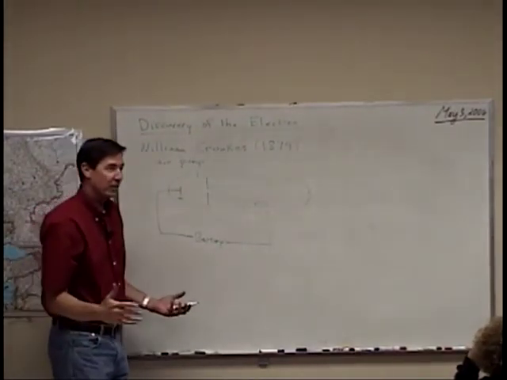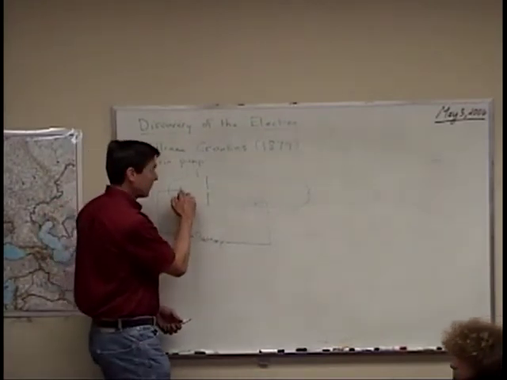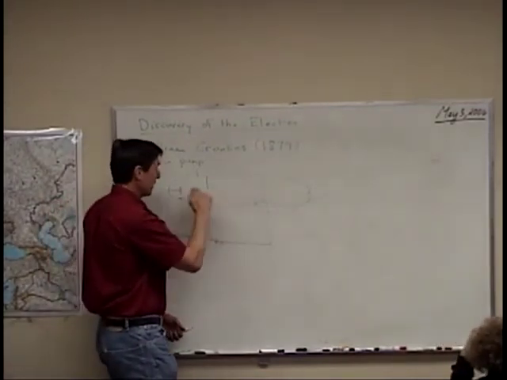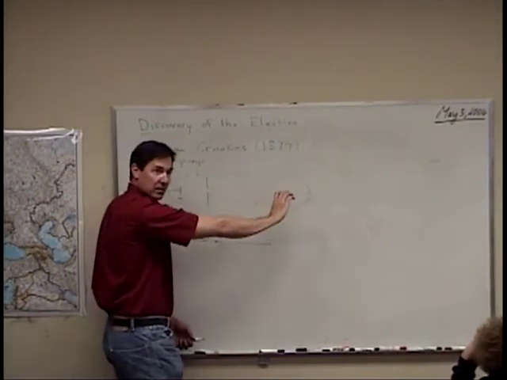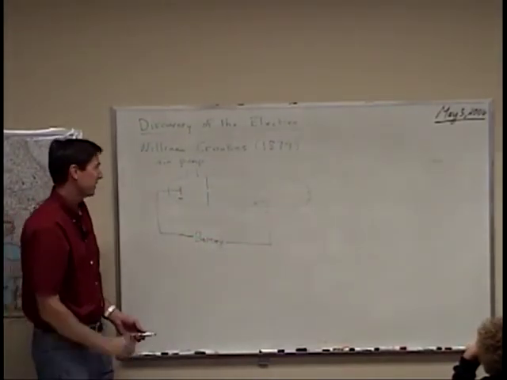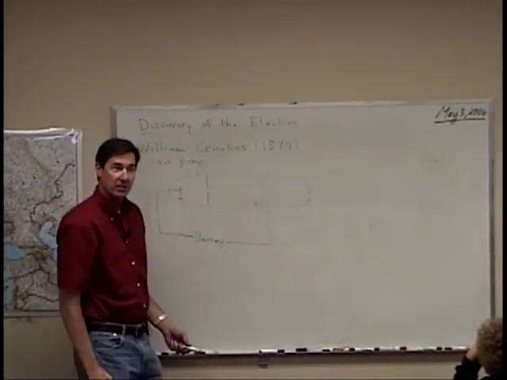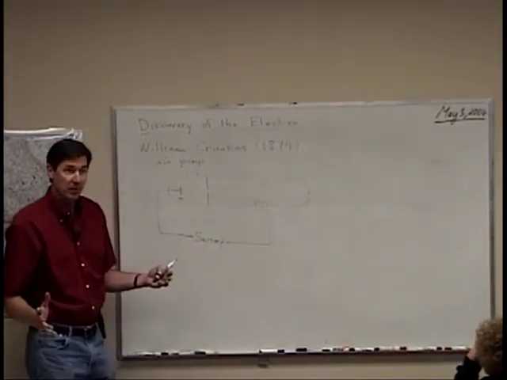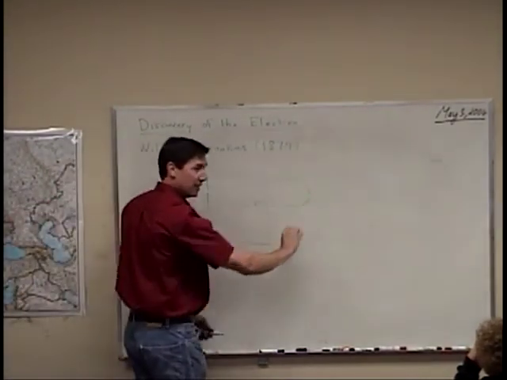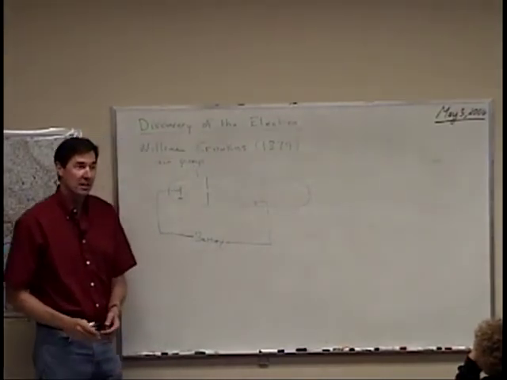You can also know that whatever's coming off this thing has to be coming off in straight lines. It's not just flying out in all directions like light from a light bulb. It's shooting off in straight lines.